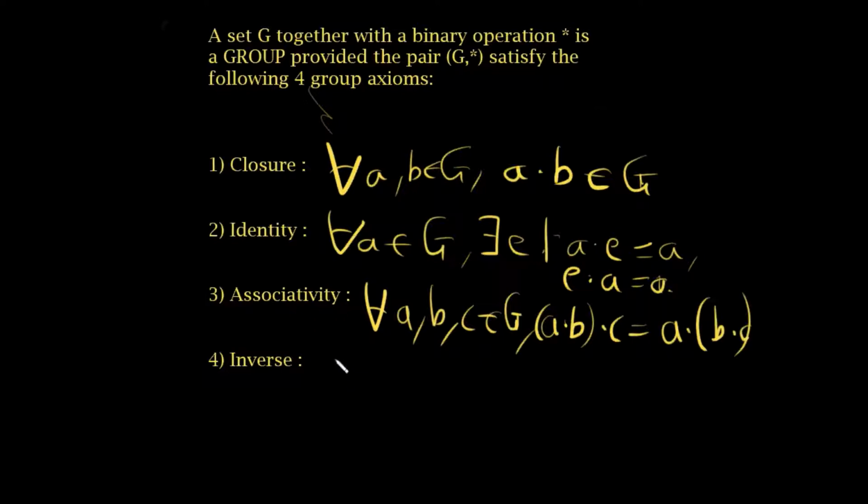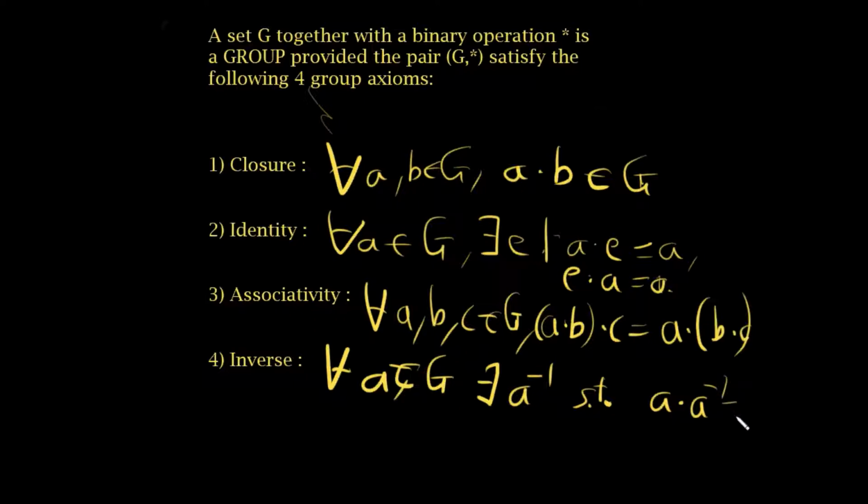And finally, the inverse axiom says that for all A in G, for all elements in G, we must have another element A inverse such that A composed with A inverse gives us the identity element.